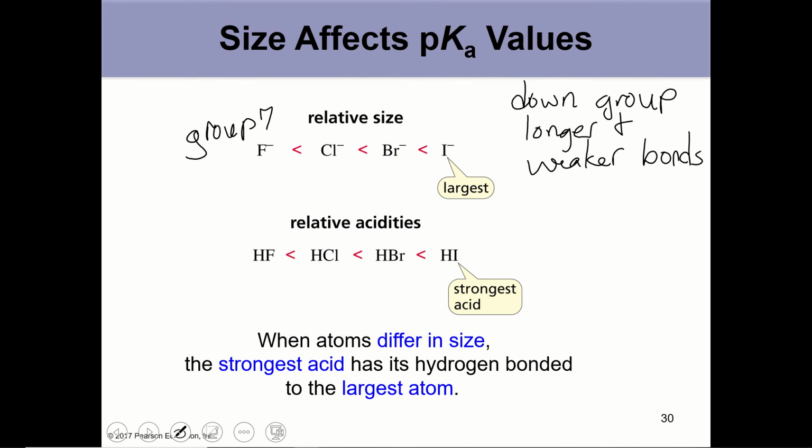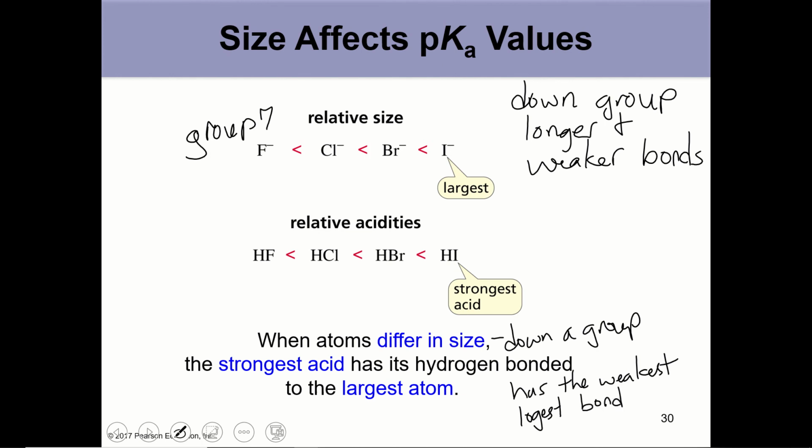When atoms differ in size, so down a group, the strongest acid has its hydrogen bonded to the largest atom, and it has the weakest, longest bond.